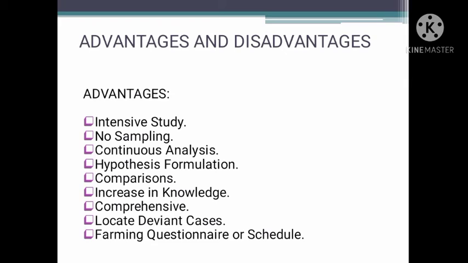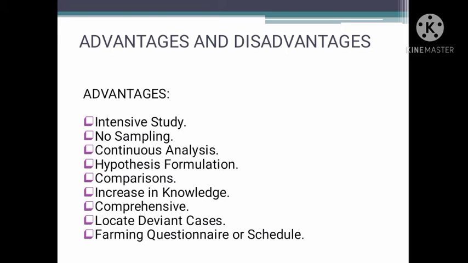It compares different types of facts about the study of a unit. The sixth is increase in knowledge. It gives the analytical power of a person to increase knowledge about social phenomena. The seventh is comprehensive. It is a comprehensive method of data collection in social research.